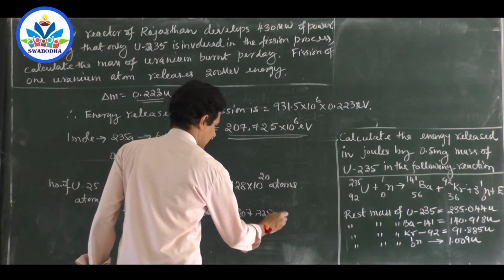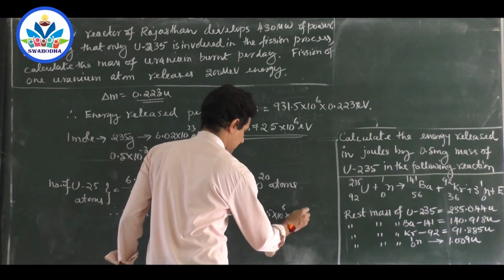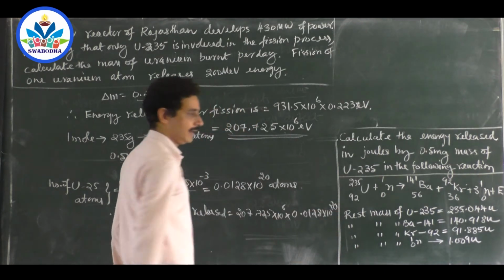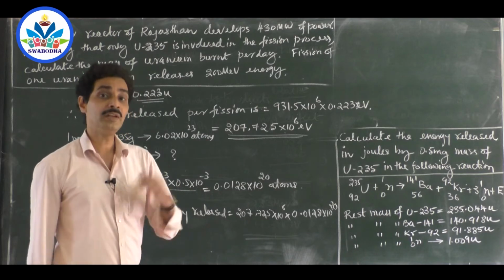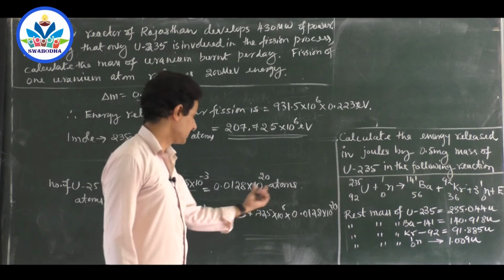So therefore total energy released: every fission gives 207.725 into 10 to the power 6 electron volt of energy, but so many fissions will occur. 0.0128 into 10 to the power 20 atoms are there, so many nuclei, so many fissions. If all the nuclei undergo fission, so many fissions are possible.